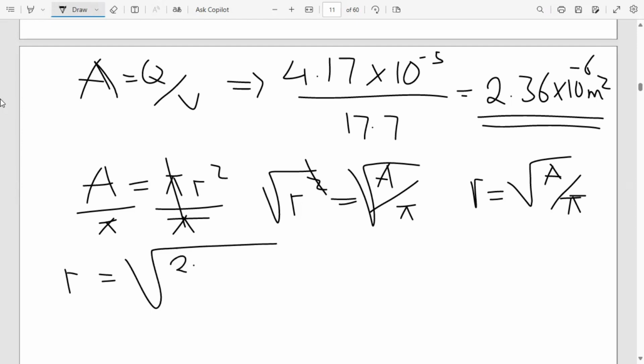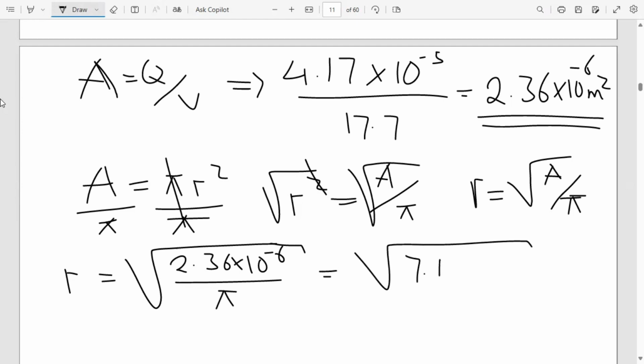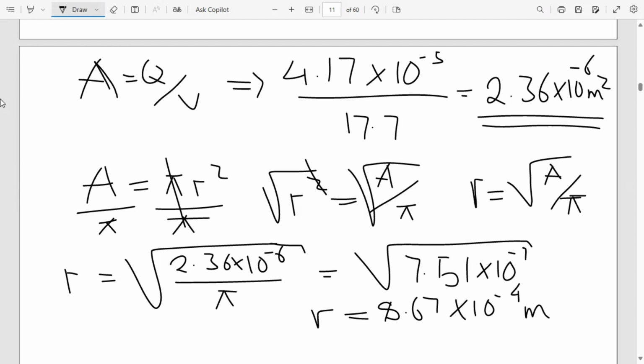So our radius will be equal to the root of 2.36 times 10 to the power minus 6 divided by pi. I'm going to punch this in my calculator the way it is. Inside the root I'm getting 7.51 times 10 to the power minus 7, which if I continue punching, gives a radius equal to 8.67 times 10 to the power minus 4 meters, as the radius of the hole.